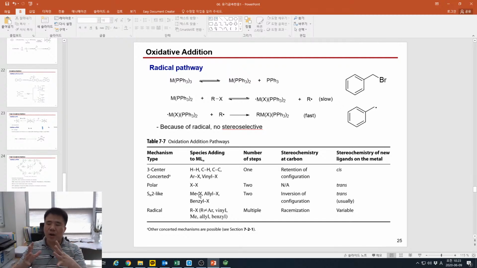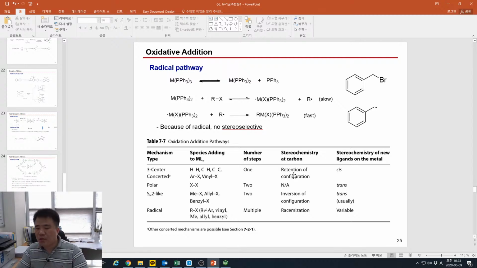Okay, I want to summarize the oxidative addition pathways. In the case of non-polar bonds such as H-H, C-H, or C-C, the mechanism is a three-centered concerted mechanism. Aryl halide or vinyl halide also go through a three-centered concerted mechanism.